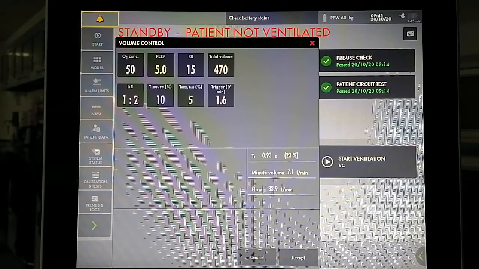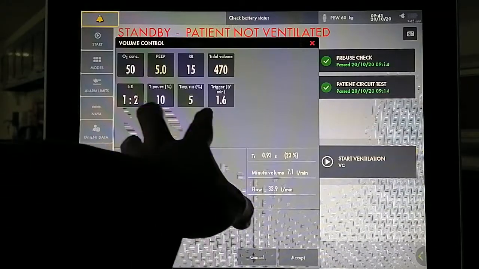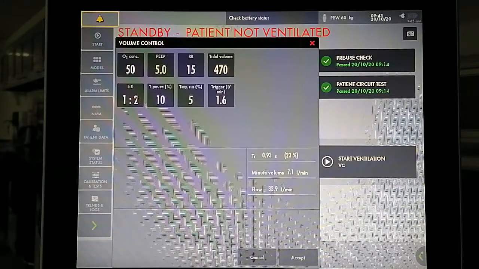By setting this, we can achieve better patient-ventilator interaction when it comes to the mandatory breath delivery.